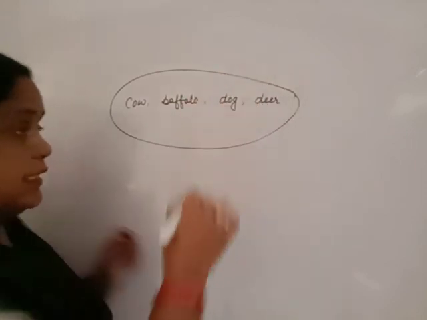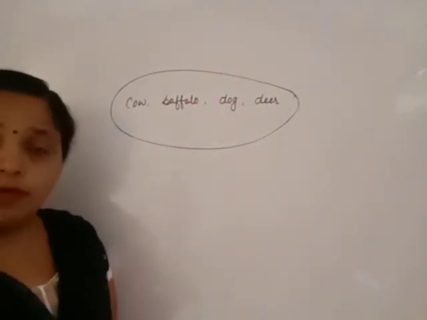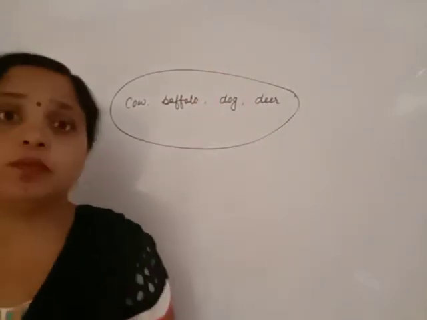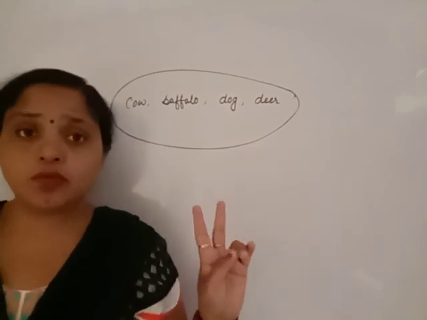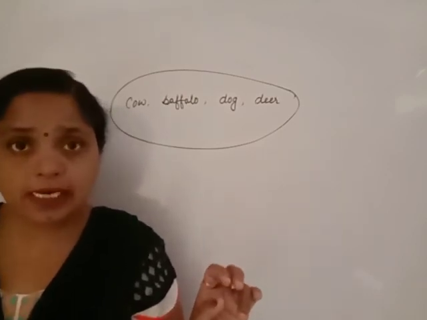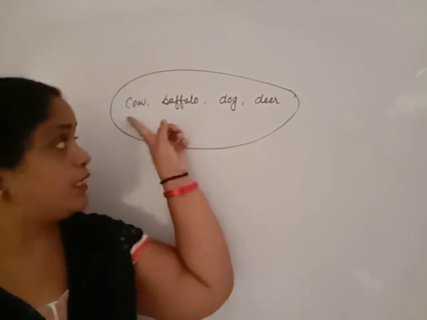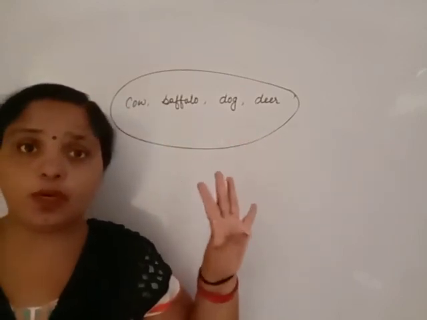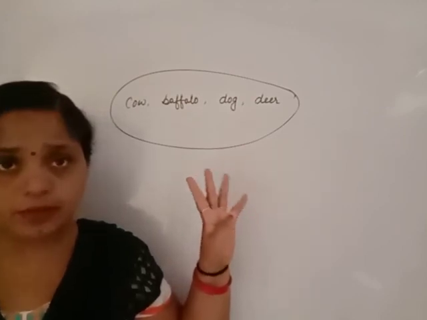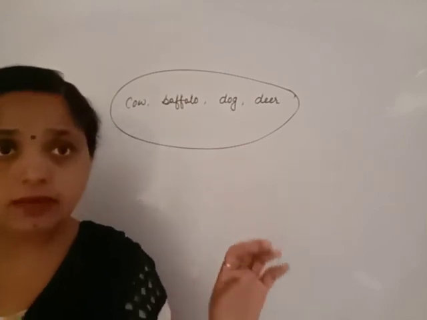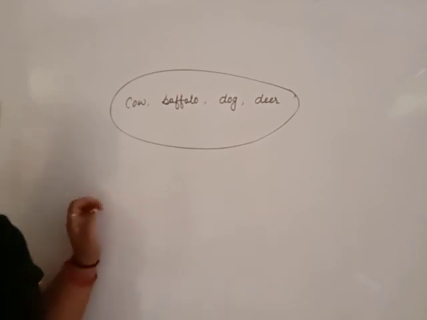All these types of animals will move. Horse also moves on two forelimbs and two hind limbs. That means they have 4 legs for movement. The gait of these animals uses 4 limbs, 2 on the front side and 2 on the back side, generally known as 4 legs.